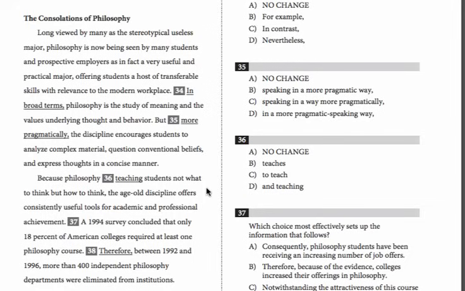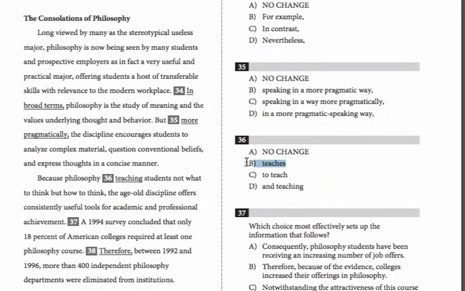"Because philosophy teaching students not what to think but how to think, the age-old discipline offers consistently useful tools for academic and professional achievement." "Because philosophy teaching students", no, that sounds terrible. "Because philosophy teaches students", that sounds more correct. "Because philosophy to teach students", no. "Because philosophy and teaching", oh God.